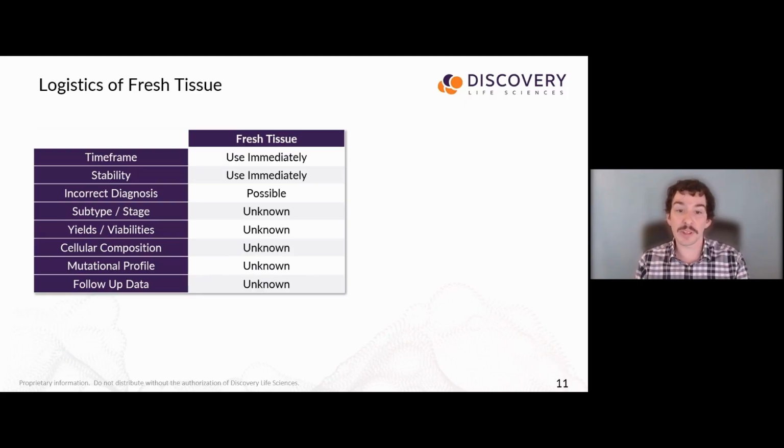There's also the possibility of an incorrect diagnosis, a primary site that ends up being a metastatic site for a different indication. And you may not have immediate access to mutational profiles or follow-up patient data. All of these unknowns make fresh tissue logistically difficult, underscoring the need for strong and efficient workflows to ensure we get the most from the samples that we do collect.